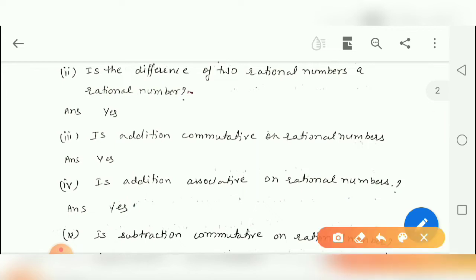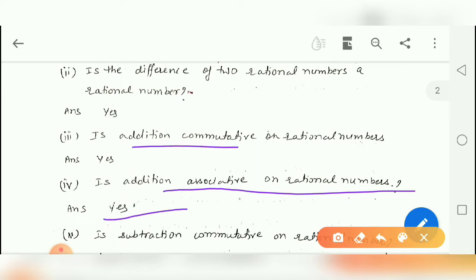Yes, it is commutative on rational numbers. Now next is addition associative on rational number? Yes, addition is associative on rational numbers. The answer is yes. Similarly here addition is commutative on rational number. Answer is yes.